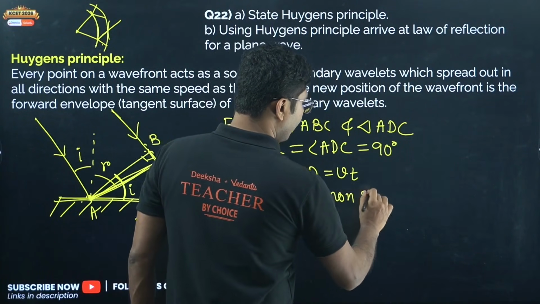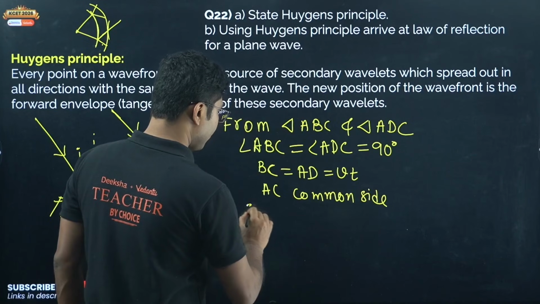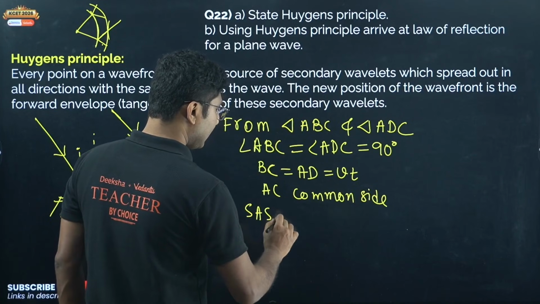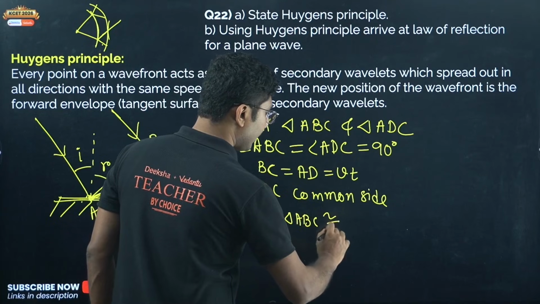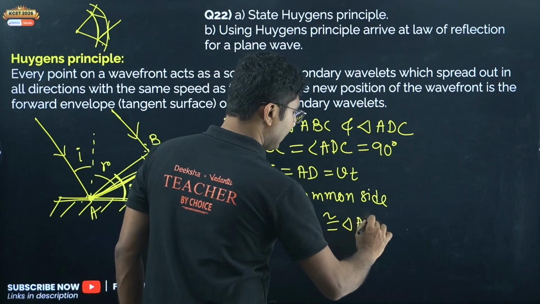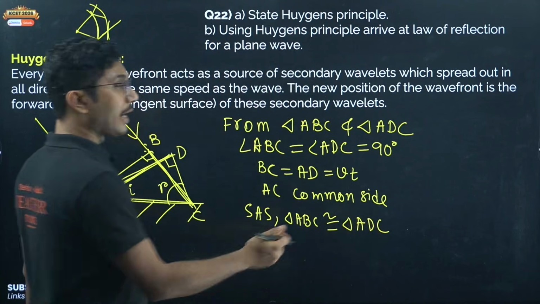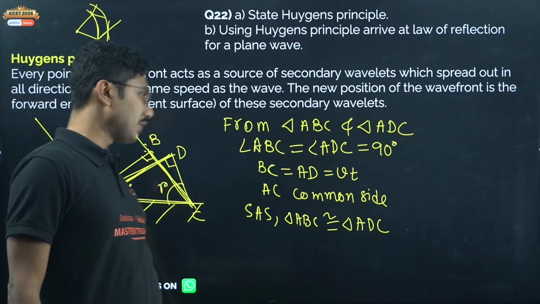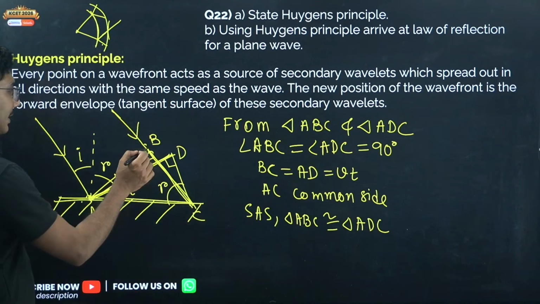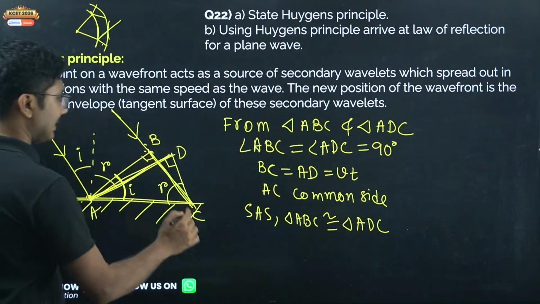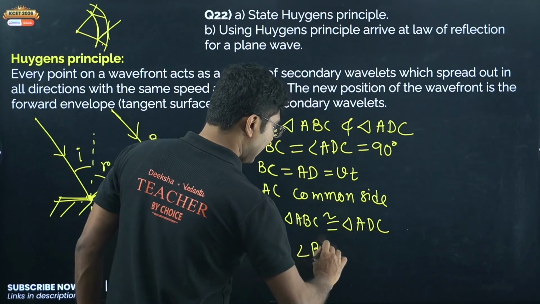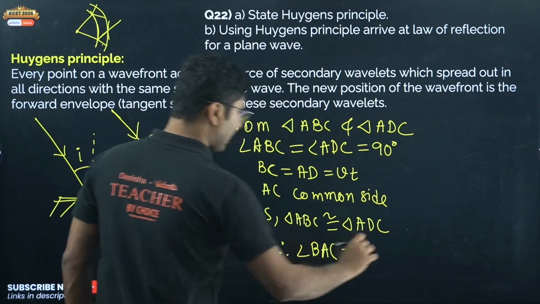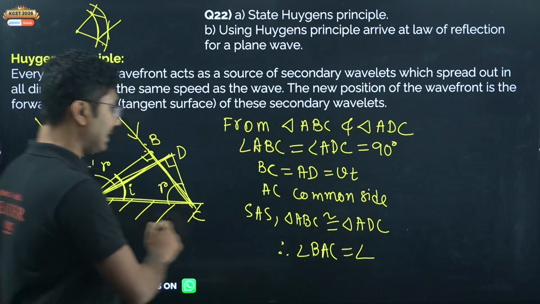So from the combination of side, angle, side, the triangle ABC must be congruent to the triangle ADC. If two triangles are congruent, their corresponding angles become equal. Therefore angle BAC must be equal to angle DCA.